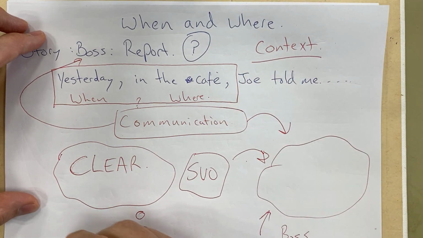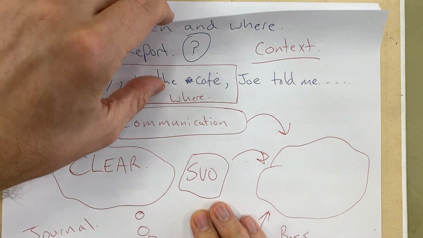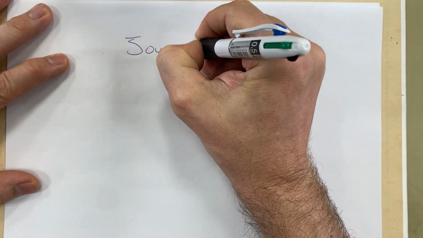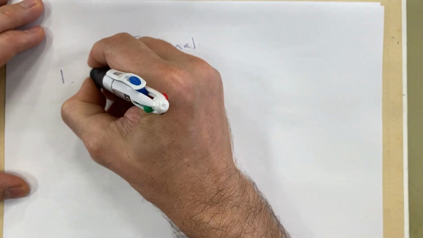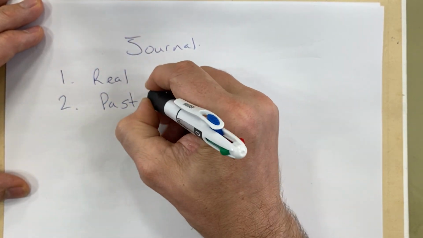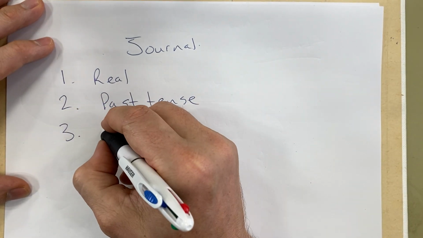So when you practice in your journal, let's make a little list of things you need to think about. So your journal is what? Number 1, real. Number 2, past tense. Number 3, when and where.